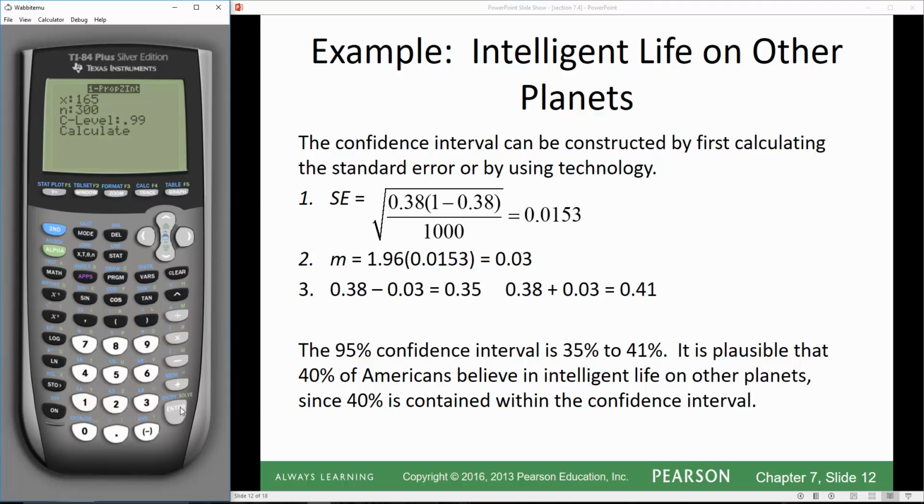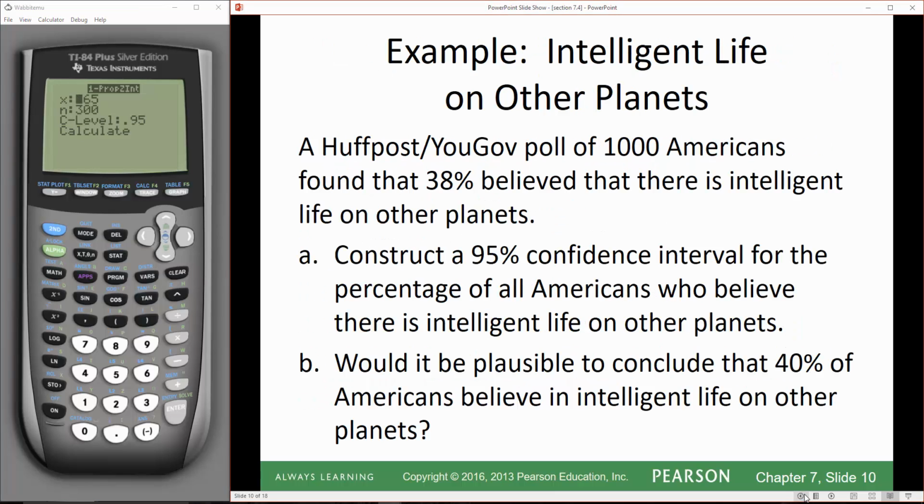So hit that, and now it's going to ask you your x value, your n value, and your c level, right? Your confidence level. So I know this is 0.95, right? To get these values, let me go back to the original. I think we were given those.